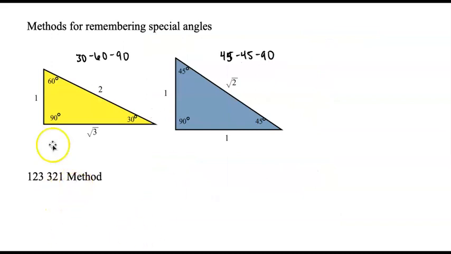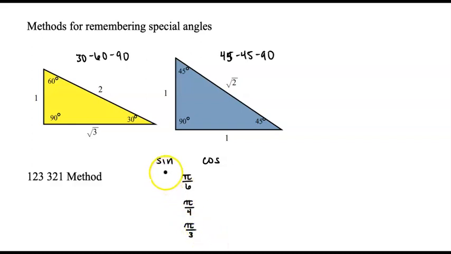All right, the next method is the 1, 2, 3, 3, 2, 1 method. So what that looks like is I'm going to write sine and cosine. All right, and I've got my three standard angles. I've got 30 degrees or pi over 6, 45 degrees or pi over 4, and 60 degrees or pi over 3.